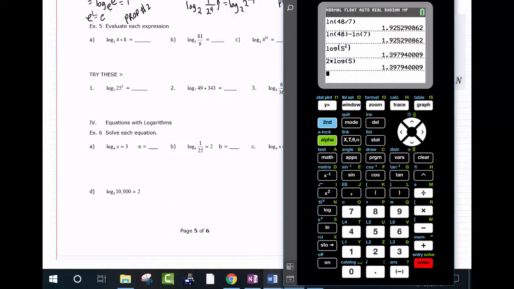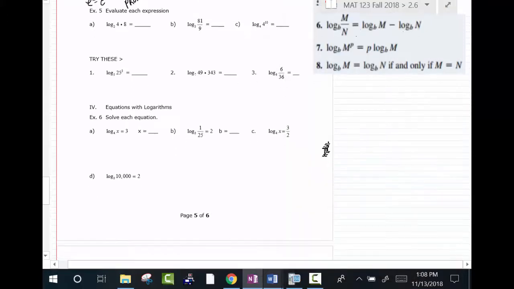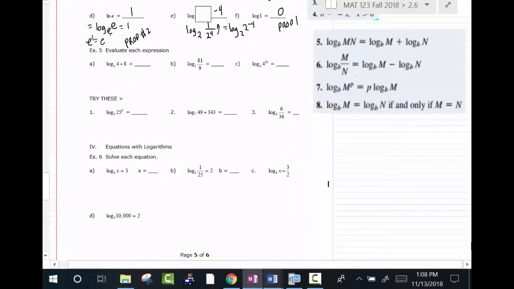So those are the three properties we're going to look at that are pretty simple, and there's a lot of times when it's necessary, particularly that last one. You'll do that all the time when you're dealing with financial formulas for different reasons. So here's kind of what you want to make sure you know. If you do the log of a product of two numbers, you can just add the two logs up. I demonstrated that a few minutes ago. If you do a log of a fraction, you just do the log of the top minus the log of the bottom.